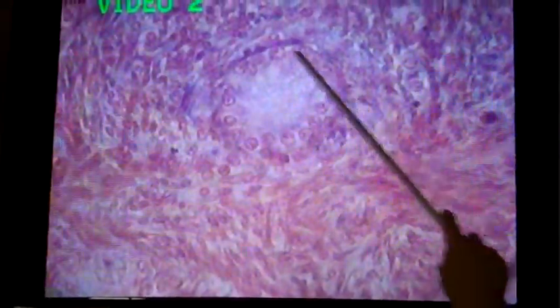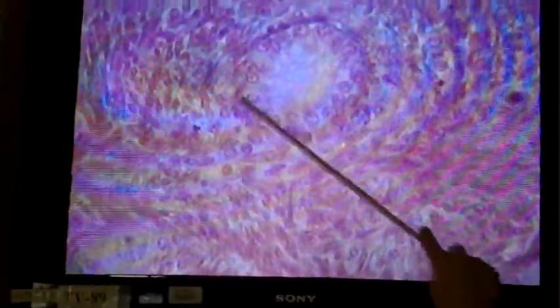And then as they develop, they're going to move deeper, and they're going to start to develop that epithelium around the outside. So there's a primary. The difference between a primordial, you can see a primary up here as well, is that cuboidal epithelium that starts to form around the outside.